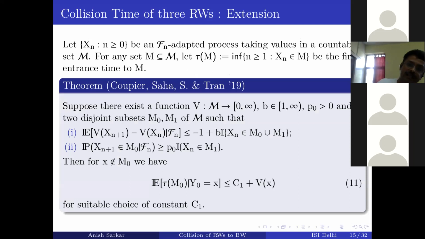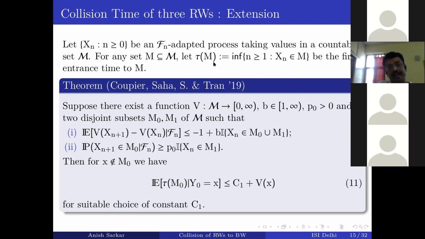And there is an extension which we worked on, and then we came back to see that for random walk it gives an exact result. This is saying that if I have an F_n adapted process taking values on a countable set, and a hitting set M, a subset, then you are looking at the first entrance time from anywhere.